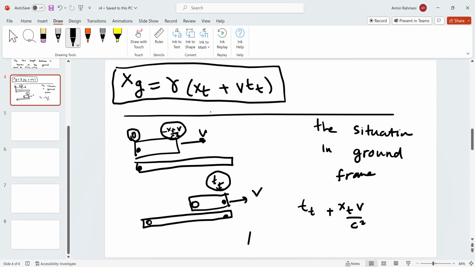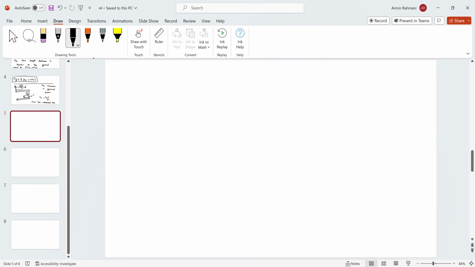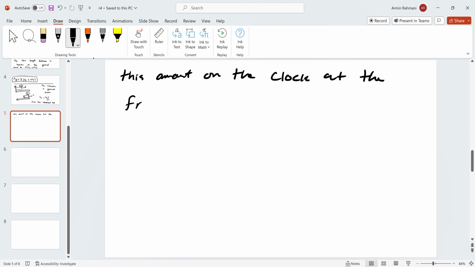So by, let's say, this amount, and the change in the reading of a clock is really the proper time, right?